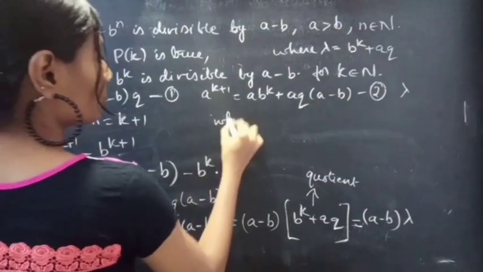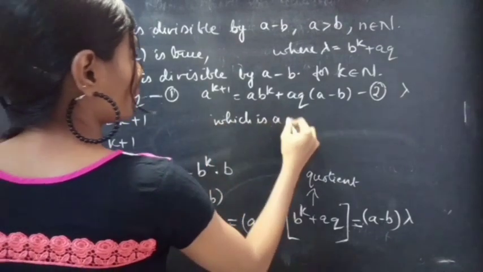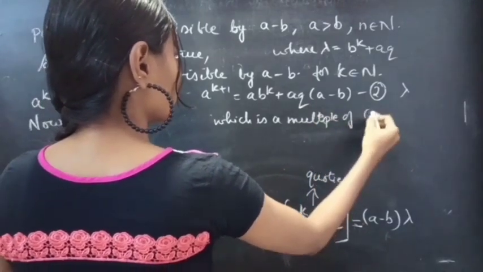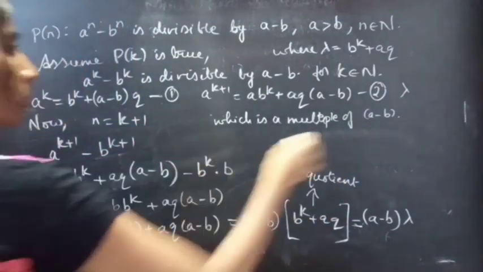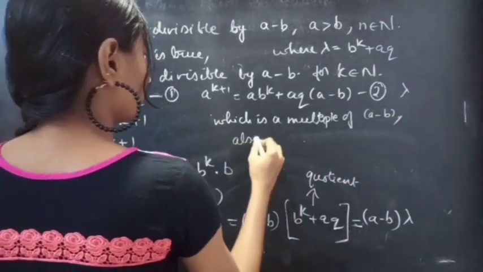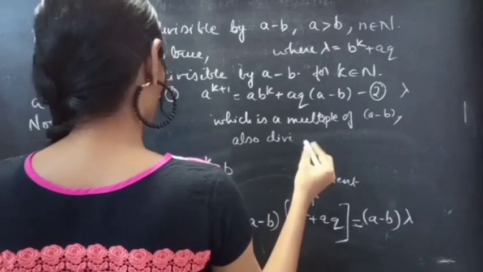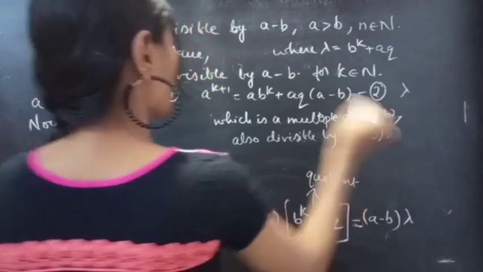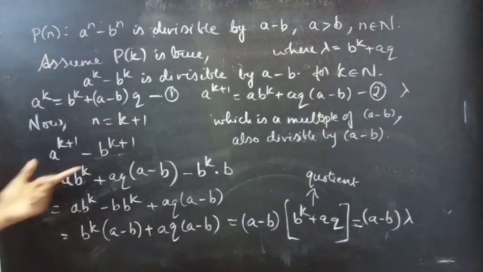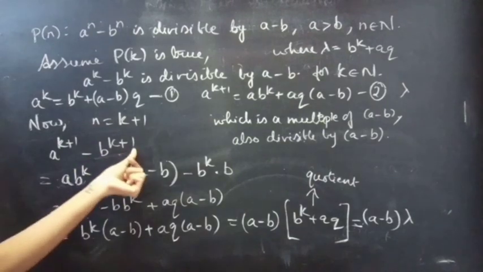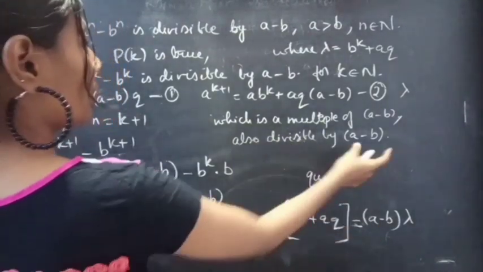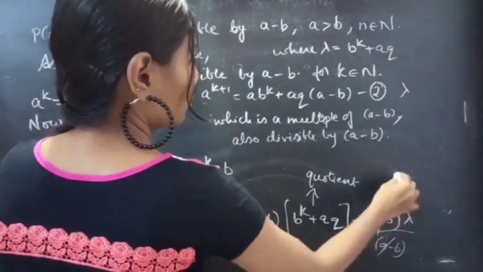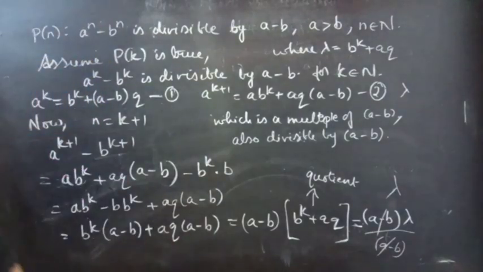Which is a multiple of a minus b, also divisible by a minus b, right? So a power k plus 1 minus b power k plus 1 is divisible by a minus b, right? You'll get quotient lambda.